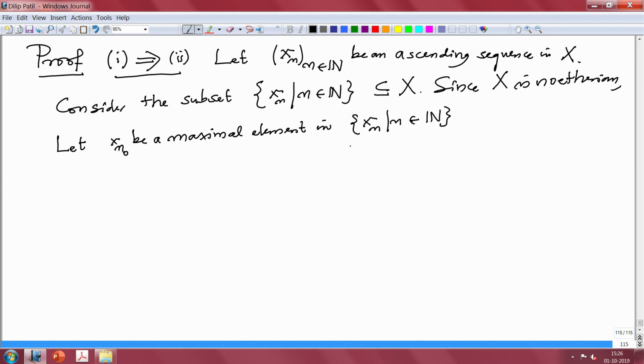But then for every n bigger or equal to n naught, what do we have?